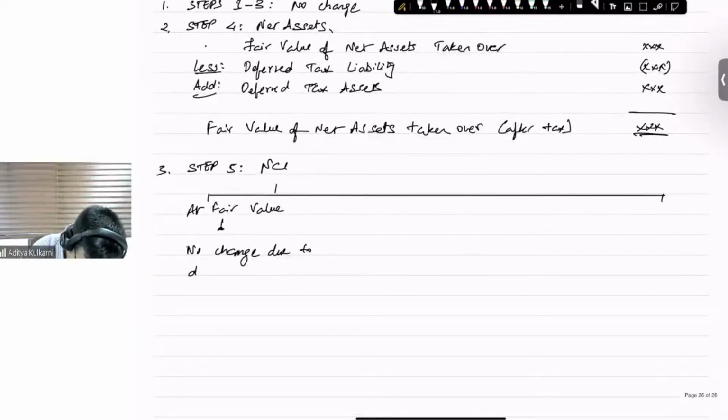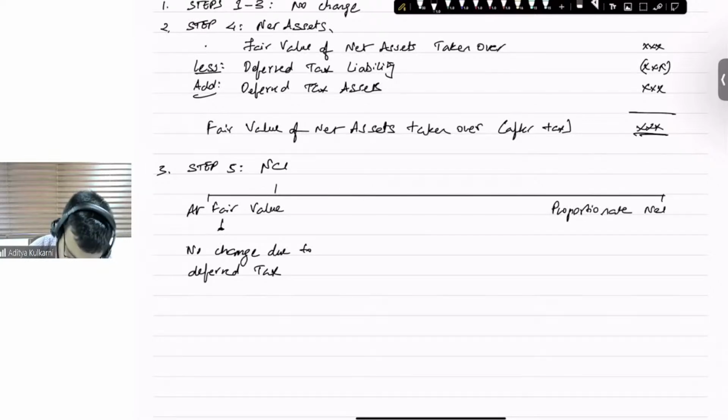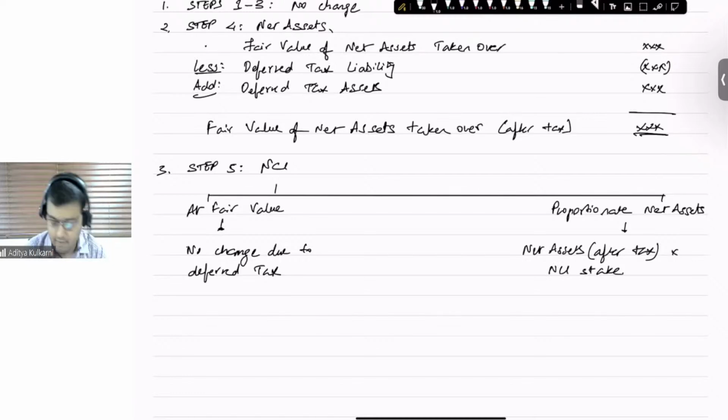No change due to deferred tax. Proportionate share of net assets: this will change. Net assets after tax multiplied by NCI stake. So since this is changing, this also will undergo a change.